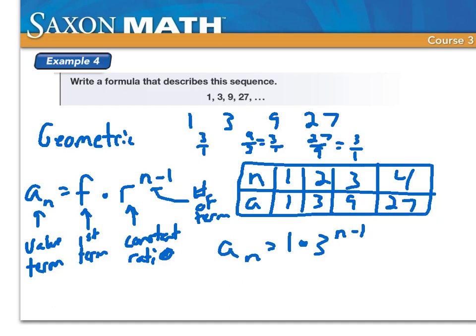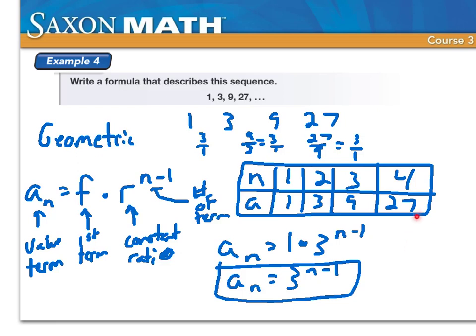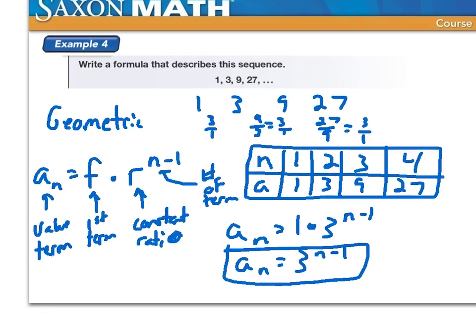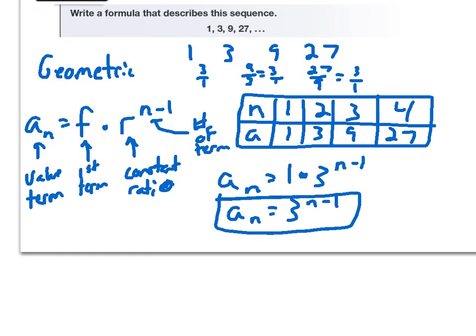So this sequence has a formula of 3 to the n minus 1 power. Meaning, I'm going to take my constant ratio, 3, and raise it to whatever term I'm looking at, minus 1, that power.